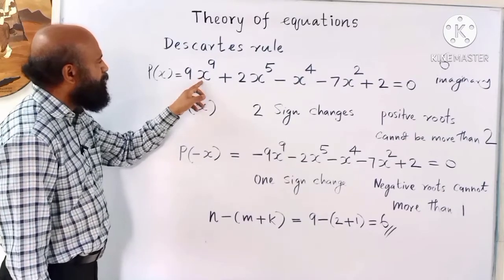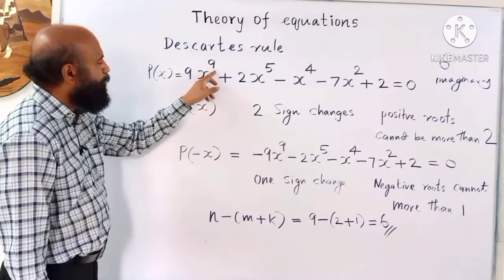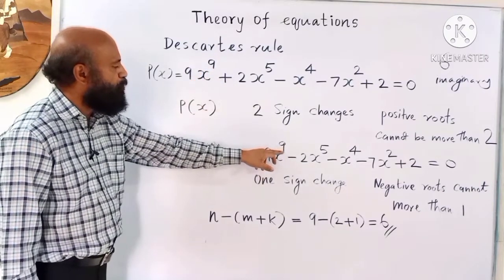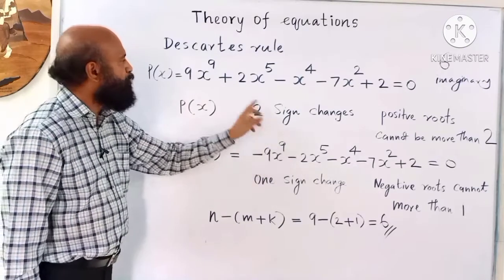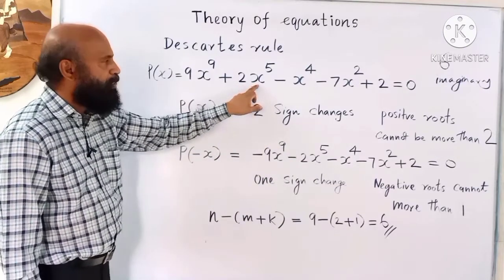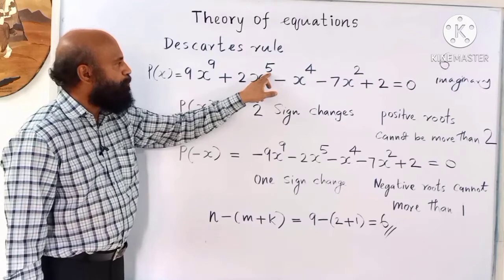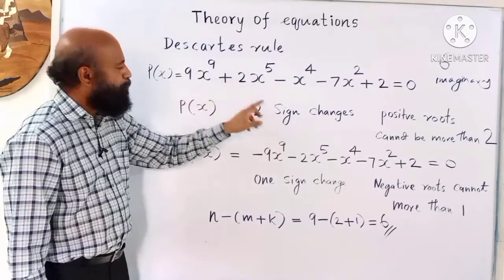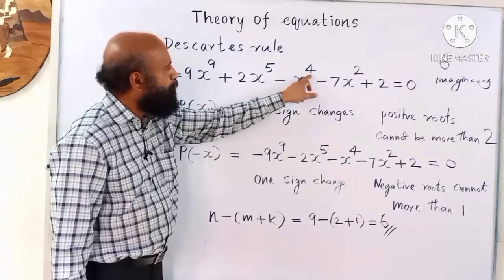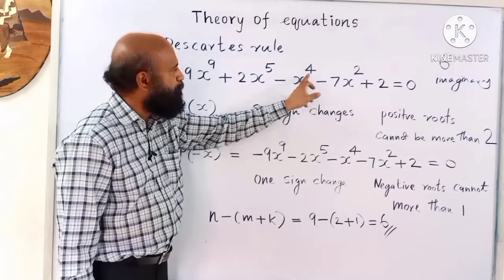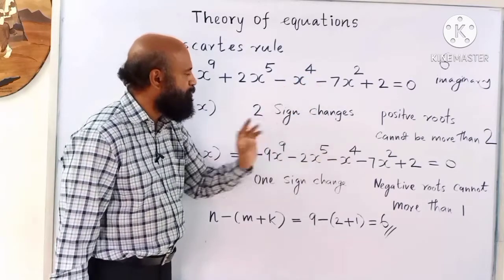Then for getting the maximum number of negative roots, you get P of minus x. When you change the sign here, since it's an odd power, it will be minus 9x raised to 9 minus 2. For this x you put minus x. Here it is an even power, so when you take the 4th power, the sign will not change. So here this minus is there.